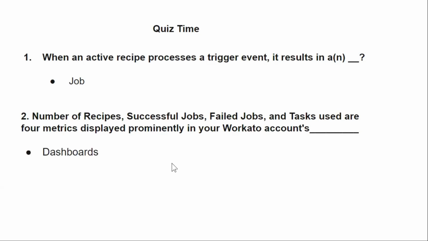That is the dashboard. As I explained in the first part of our workspace section, dashboards always give you information about recipe level information, either how many failed, how many successful, and how many tasks used. It's displayed in the dashboard of your workspace.